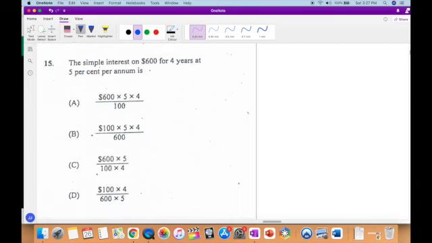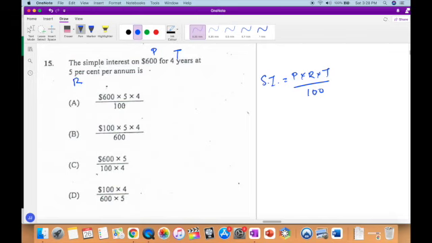Simple interest. So once you see the word simple interest, I will just start to think one time. Simple interest is equal to principal by rate by time over 100, right? So the simple interest on $600, so $600 is your principal, for 4 years, that is your time, at 5% per annum, rate.